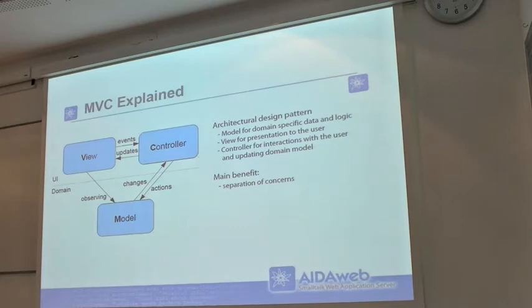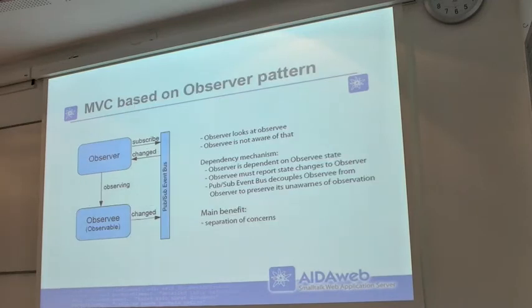Also, separation of concerns is the main motivation here. So you separate the domain model with business logic, that is the state and behavior of the application, from the user interface aspects. This is the biggest motivation, and MVC was used and still is used especially for that.